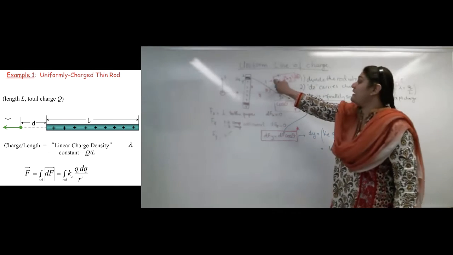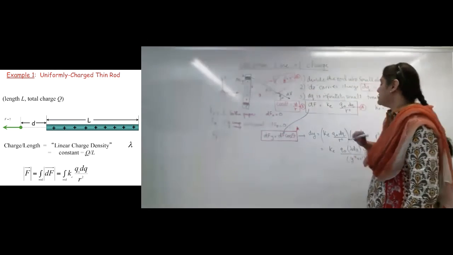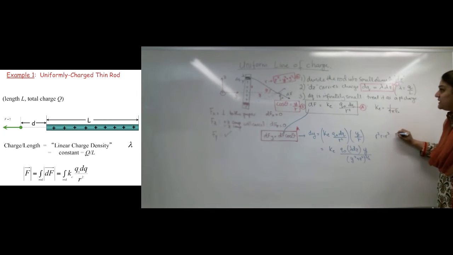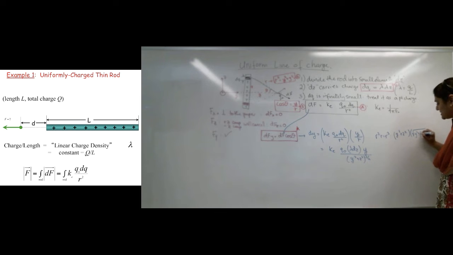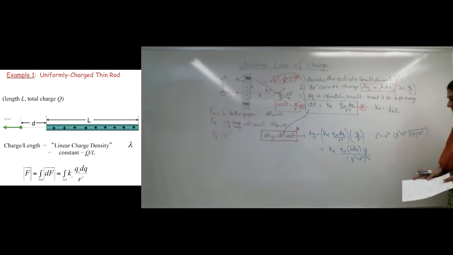And r squared is y squared plus z squared. So r cubed is the square root of y squared plus z squared, to the power 1 times 1/2. I'm just going to add the exponents together to give me 3/2.